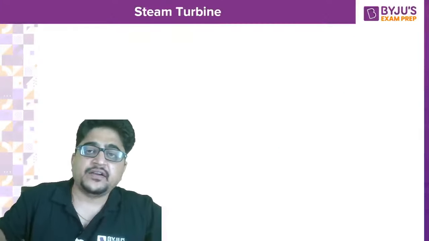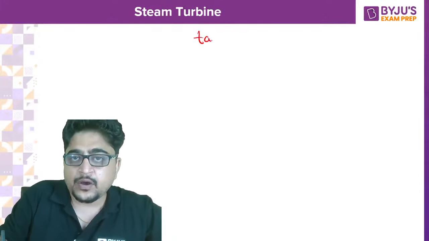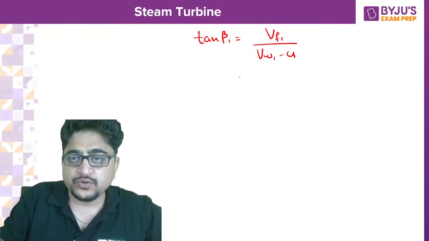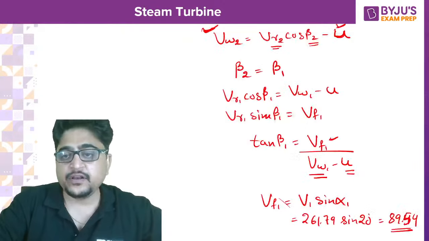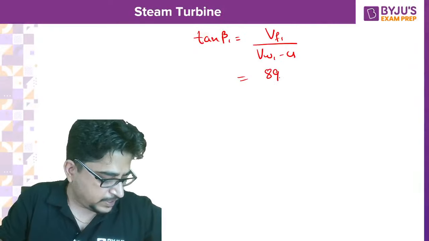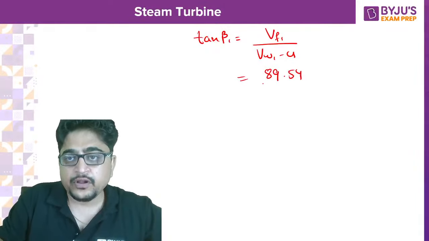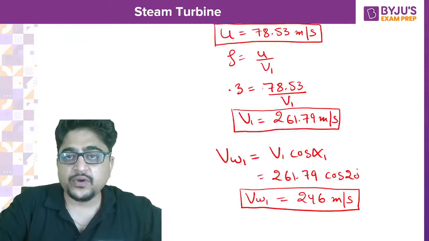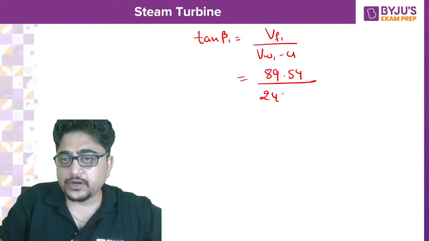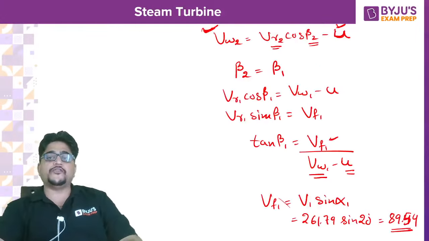So can I write it like this? Tan of beta 1 is equal to Vf1 by Vw1 minus u. Vf1 is 89.54. Vw1 we have calculated, that is 246, minus the value of u.